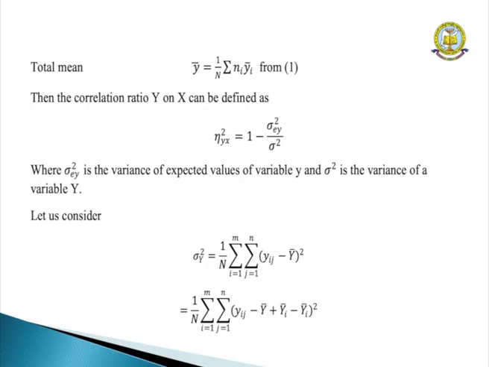Let us consider sigma square y is equal to 1 by n, summing over i takes the values 1 to m, j takes the values 1 to n, of yij minus y bar whole square.